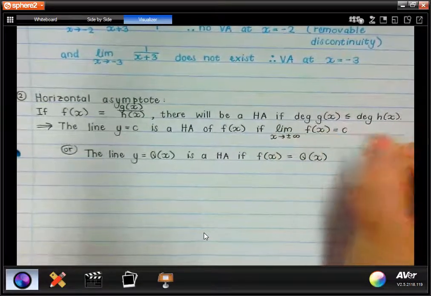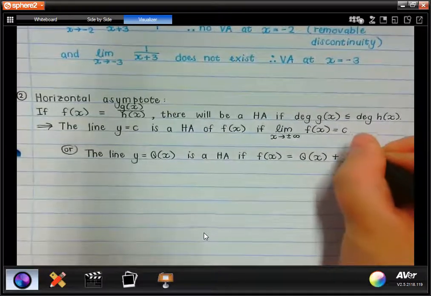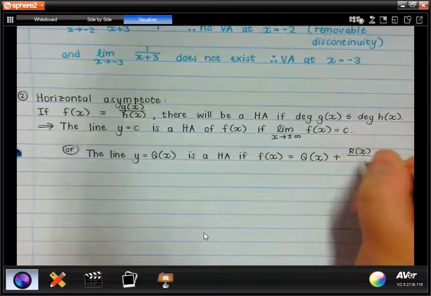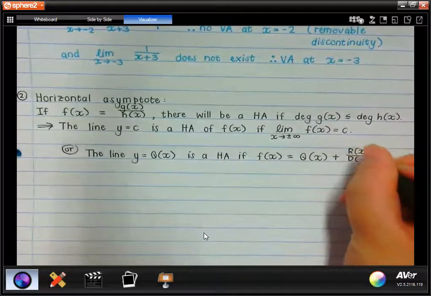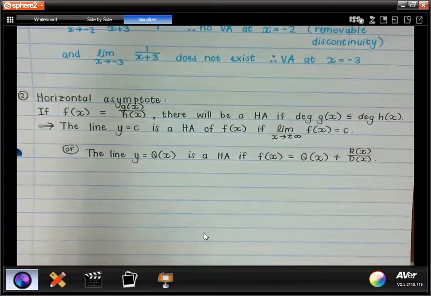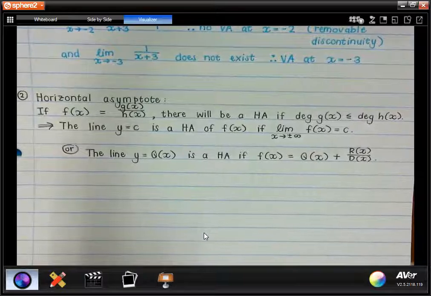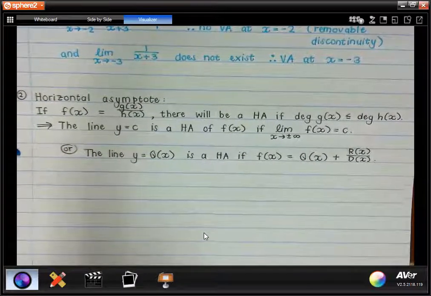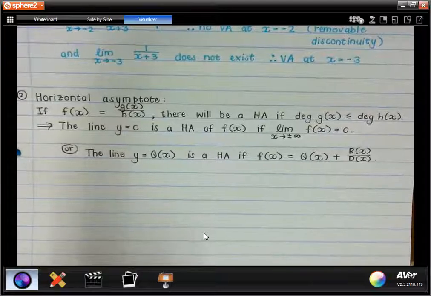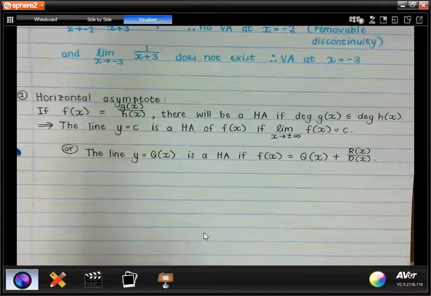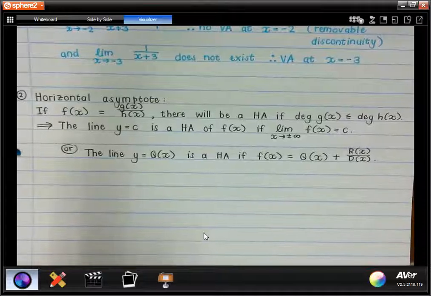In the examples that we did, we wrote it as L of x plus P of x over Q of x, but those letters aren't fixed. They can use any letters. So if you're writing in that form, a function plus the simplest form of the fraction at the back, then that will be a number, and that number will be the horizontal asymptote.